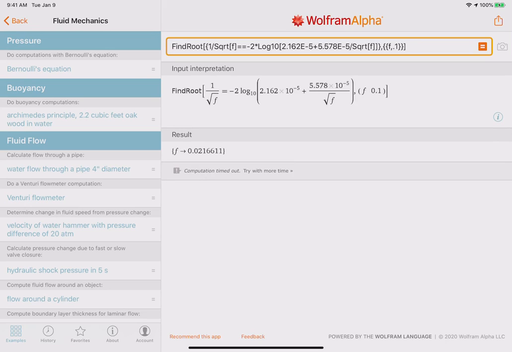So again, when you use Wolfram Alpha and you put in your command, check the input interpretation and make darn sure that it's doing what you want it to do. Sometimes it will interpret things not the way you intended, and you just have to change the way that you input them. Okay, so it looks like it's trying to find the root of this equation in the middle here, and it's solving for f, and the first guess is 0.1, and that is the correct equation.